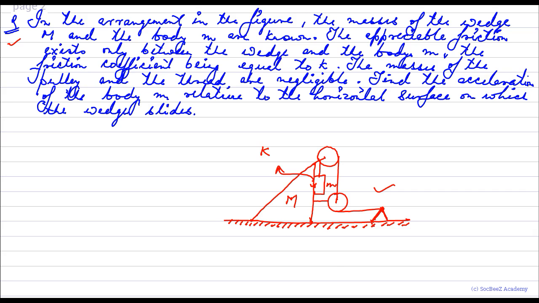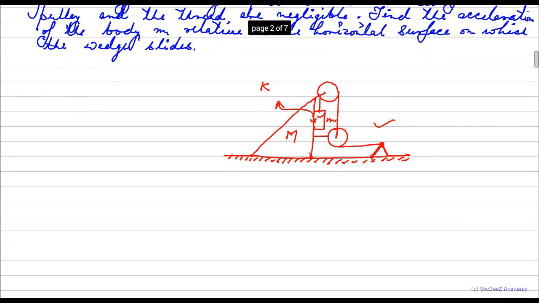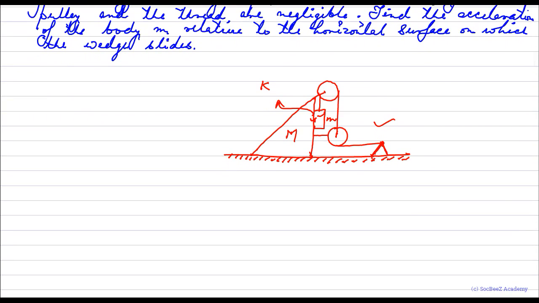Fine. So I need to find out the acceleration of the body m relative to the horizontal surface on which the wedge slides. Okay, so let me first draw the FBDs, the free body diagrams of the wedge and the small block of mass m.